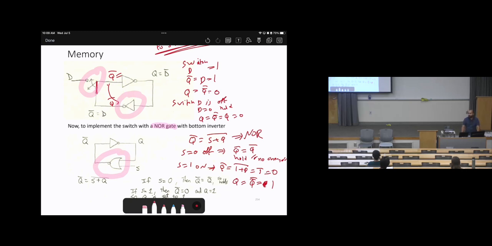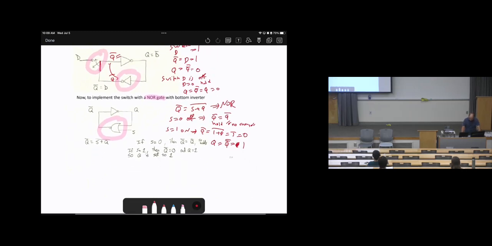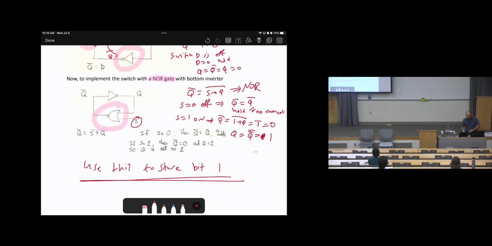So we realize that if we use the NOR gate at the bottom and connect a switch called S, we can use this to store bit 1. Again, if the switch is on, store bit 1. If the switch is 0, no change.